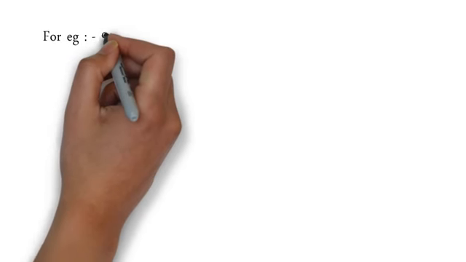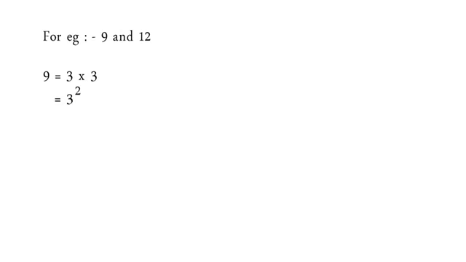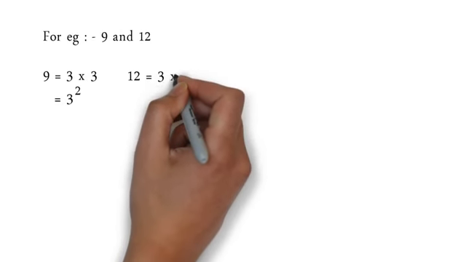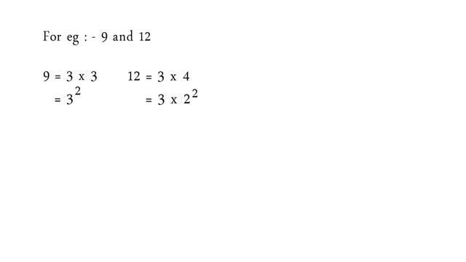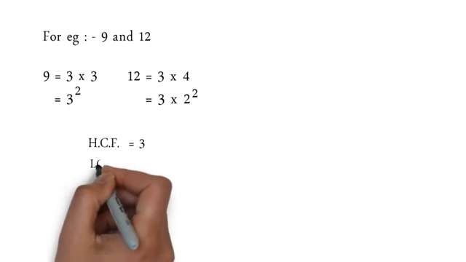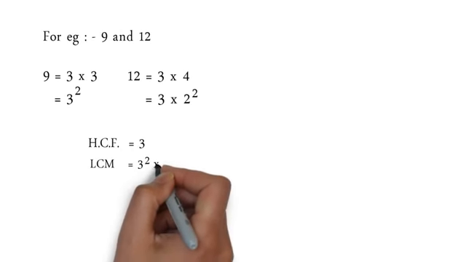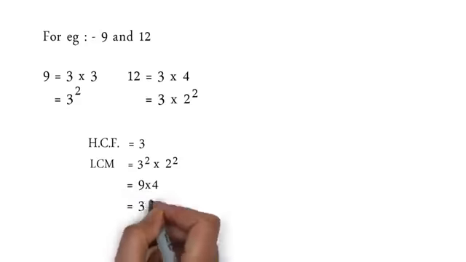For example, 9 and 12. 9 is equal to 3 into 3, which is 3 square, and 12 is equal to 3 into 4, which is 3 into 2 square. Here, the HCF is 3 and the LCM is 3 square into 2 square, which is 9 into 4, which comes to 36.